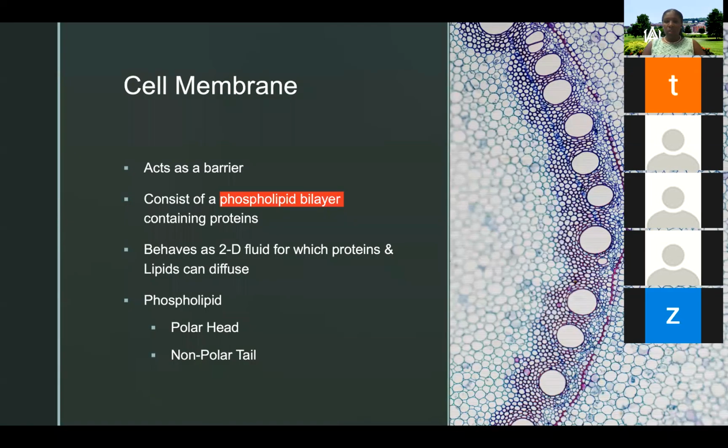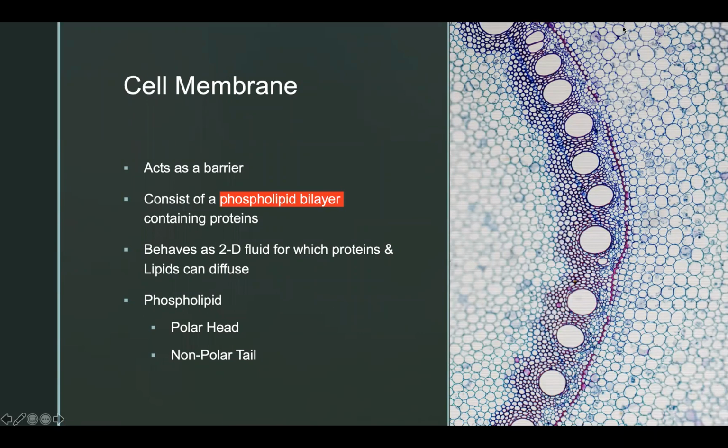And so we'll start again with the cell membrane, right? The cell membrane is the first barrier of protection, okay? It acts as a barrier to regulate entry and exit of substances, products, molecules, ions into the cell, okay?